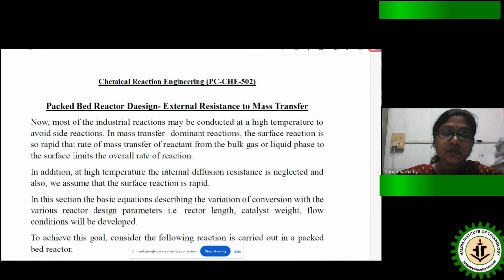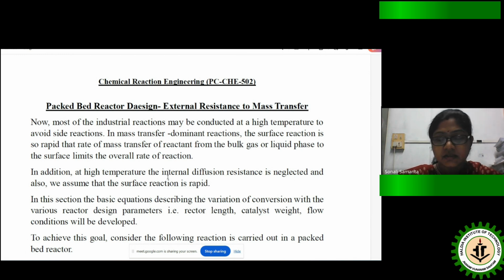Now, before going to this part, we must say that most of the reactions in industry happen at very high temperature, mainly because of side reactions, so that the byproduct production will be less. Whenever we are talking about the side reactions, the rate of reaction, that means the surface reaction, is very, very high, and the internal diffusion is also very fast.